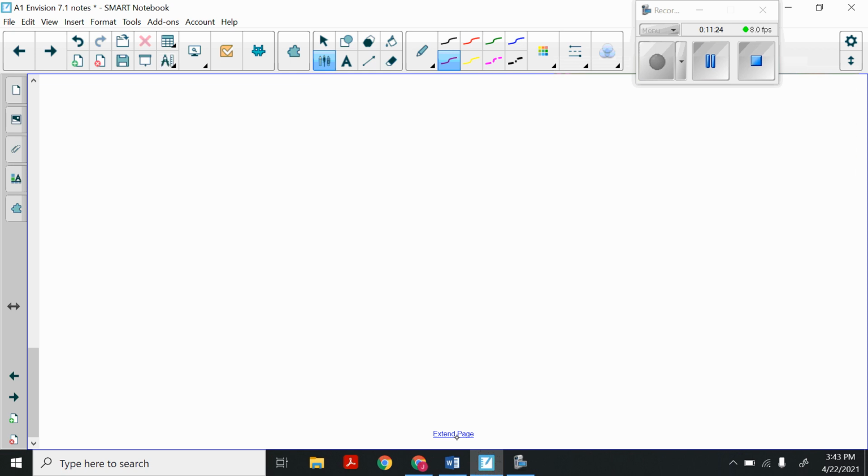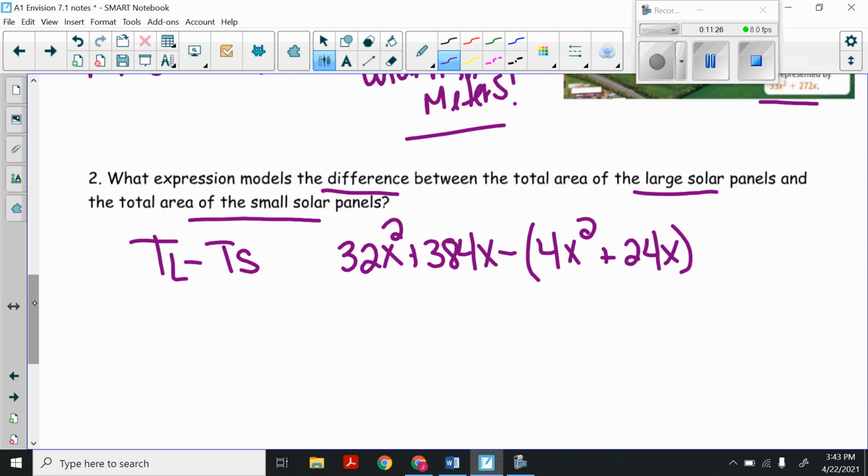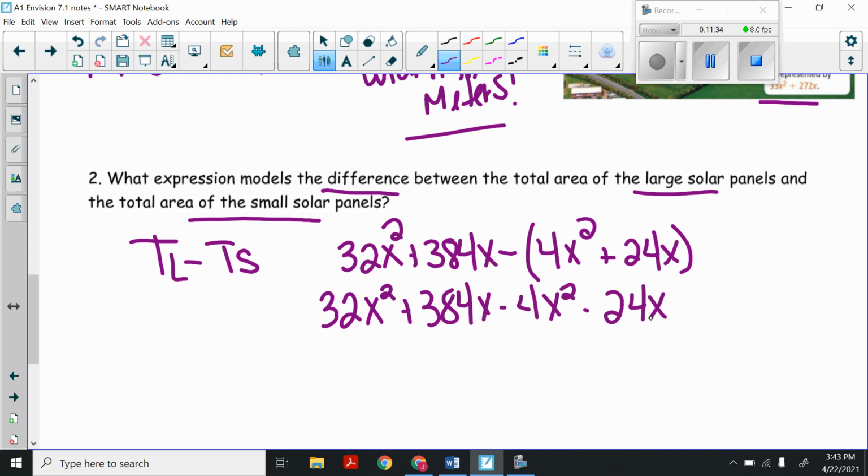Again, I'm going to distribute my negative. So I get 32x squared plus 384x minus 4x squared minus 24x. So now combine like terms, 32x squared minus 4x squared gives me 28x squared. 384x minus 24x gets me plus 360x.